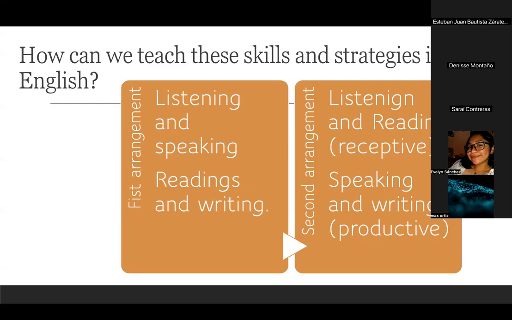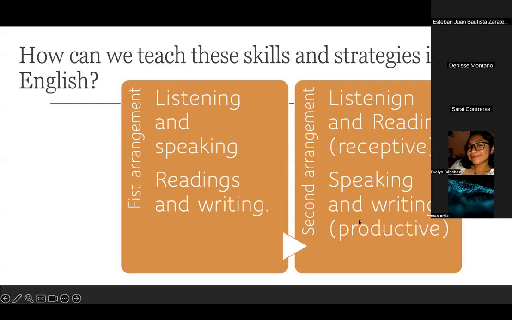Also, in the listening part, you are mixing a receptive skill with a productive skill, speaking. So, the second arrangement, that is the one we are going to start developing: listening and reading are considered receptive skills.